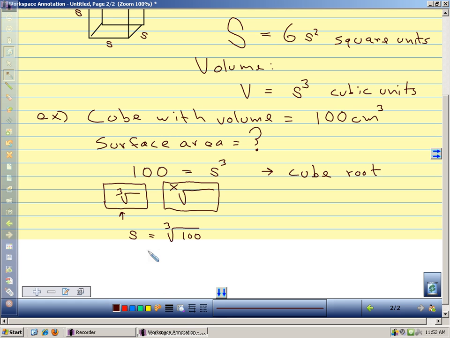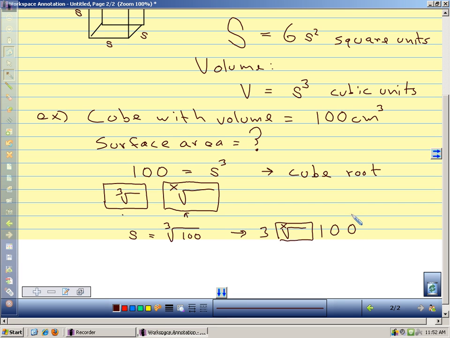So in this particular calculator, I have to do 3, and then I press the cube root button, and then I press 100.